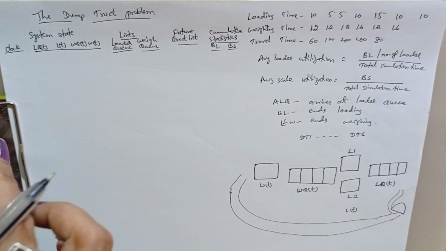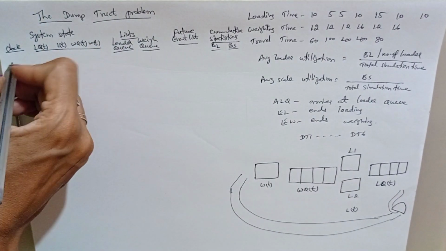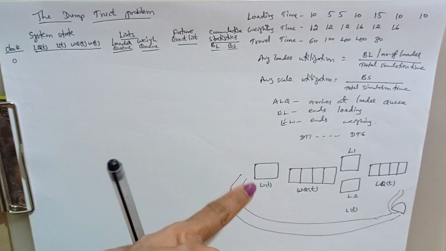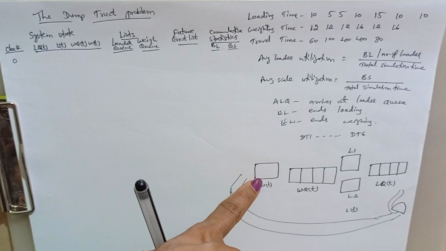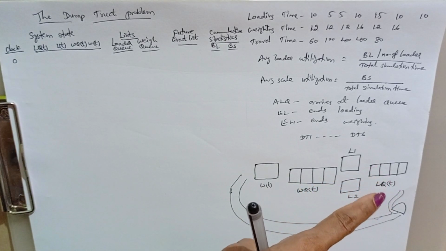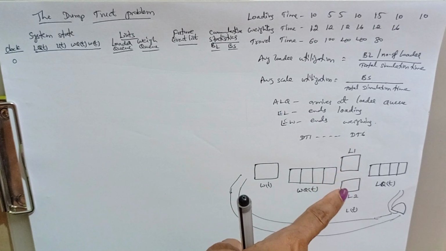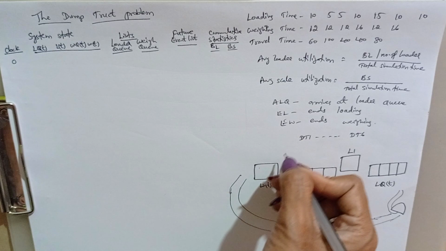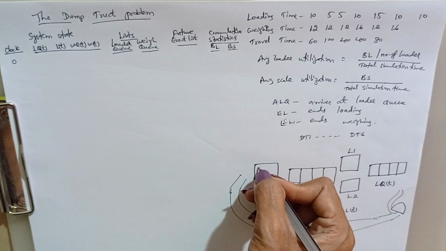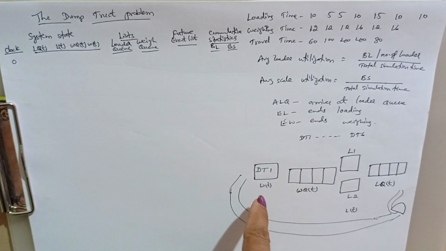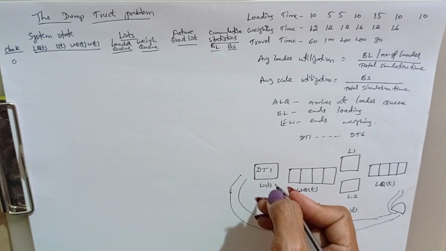Now the initial condition is given as at clock time 0, one truck is on the scale and 5 trucks are on the loader. See here we have two loaders. First we'll write the scale as weigh bridge. Trucks are named truck 1, dump truck DT 1, according to the numbering sequence.